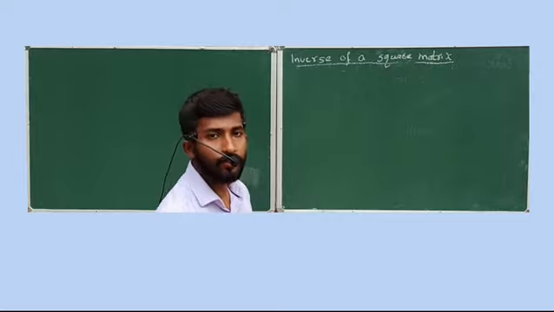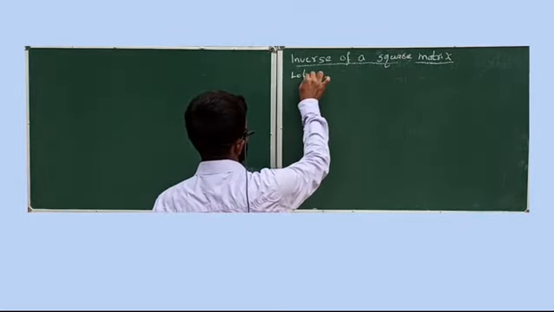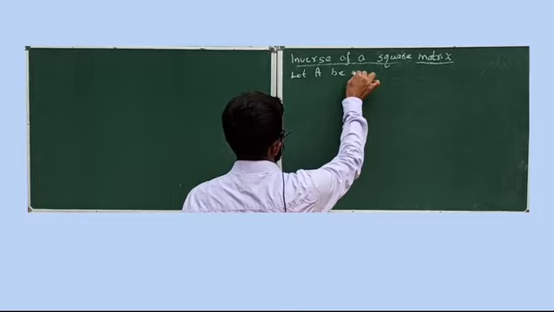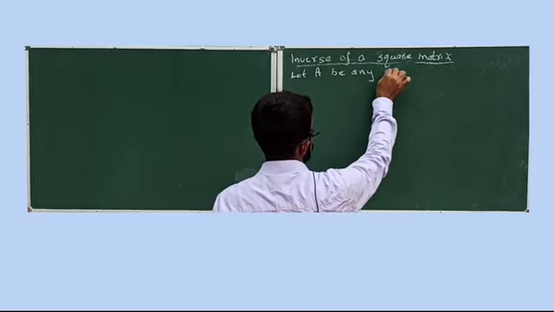Today's concept is inverse of a square matrix. Let A be any square matrix.